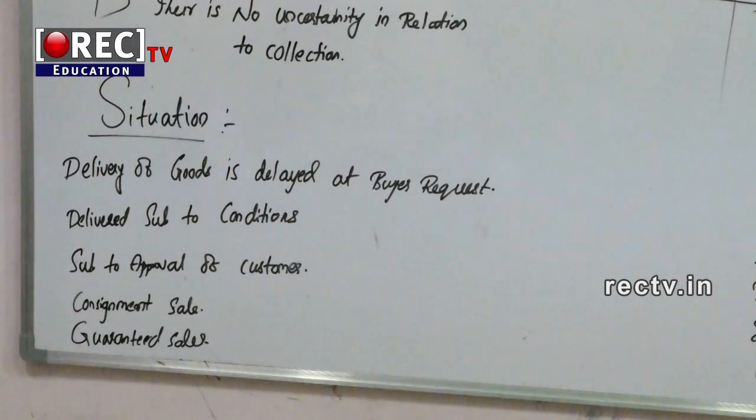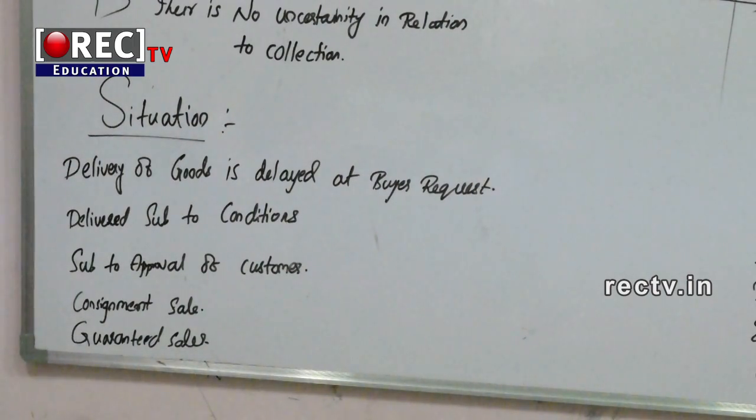In case of guaranteed sales, you recognize revenue at the point of sale, and as the definition says the buyer has unlimited rights to return the goods. So if you know that some goods are going to come back, you should make a provision for such goods that are going to be returned. As the entity knows from previous experience that these goods are going to return, revenue should be recognized accordingly.